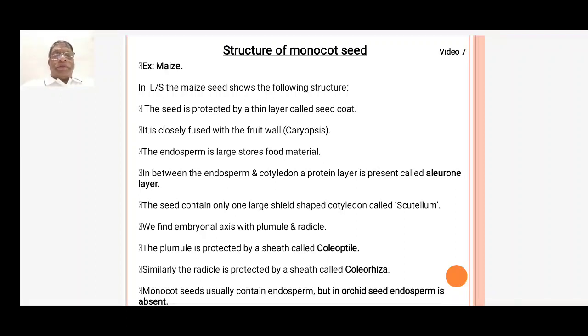Then we find the embryonal axis. The embryonal axis consists of the plumule and the radicle. The plumule is at the top, which later develops into the shoot system. The plumule is protected by a sheath-like structure called the coleoptile.